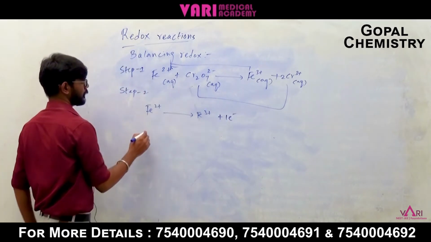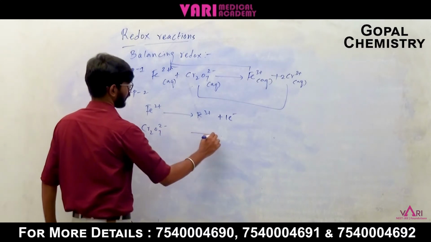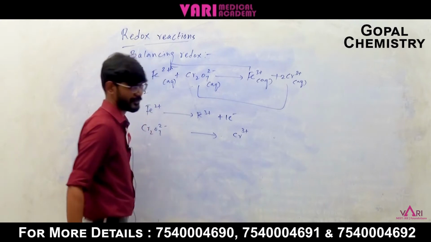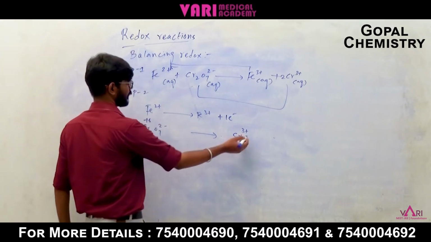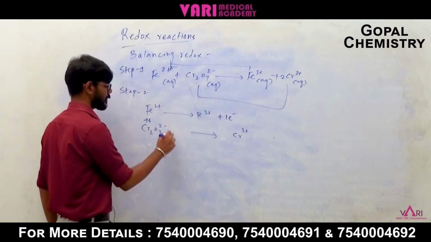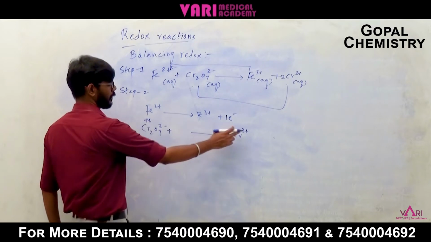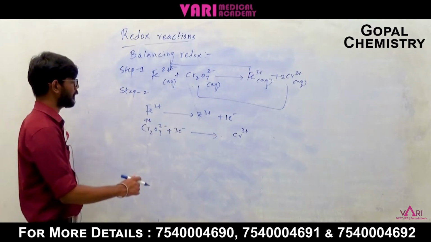Next one is Cr2O7 2-, which turns to Cr3+. Here plus 6 to plus 3, so reduction is taking place. Here electrons are added. What is the difference? Plus 6 to plus 3, so there is a 3 electron difference. Okay, so this is step 2.